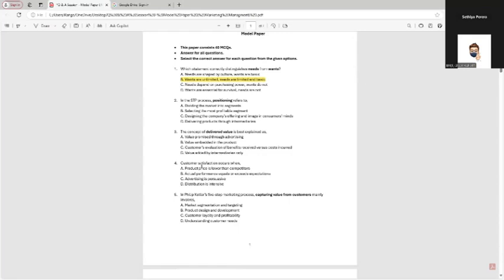The options are: dividing the market into segments, selecting the most profitable segment, designing the company's offering and image in consumers' minds, and delivering products through intermediaries. I think it is a very easy question. So what is the answer?